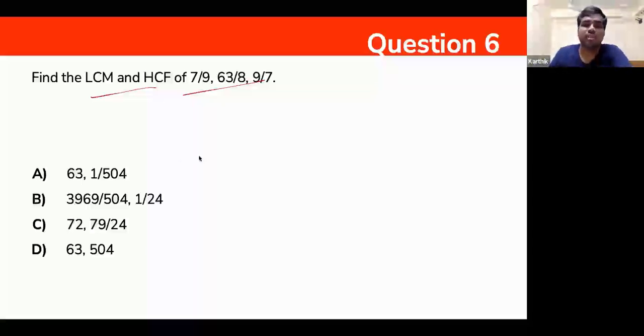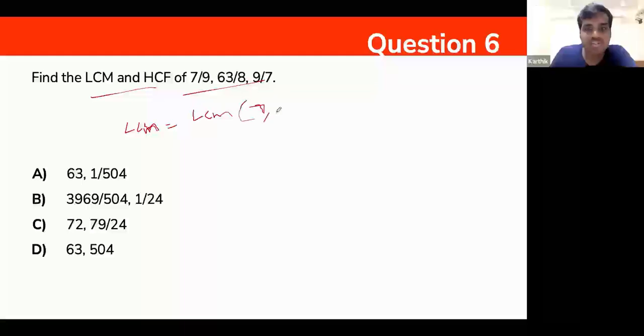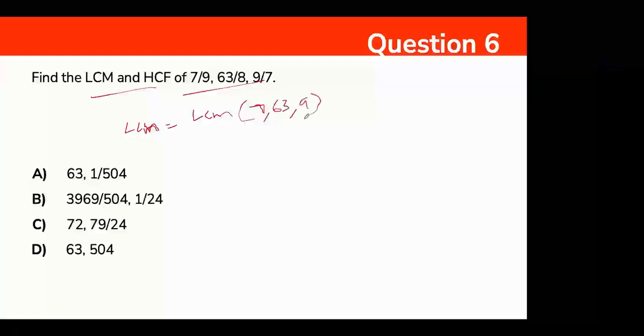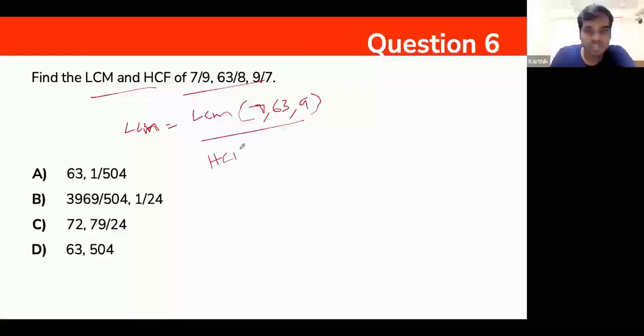Okay. Let's try to solve this. What is the formula for LCM of a fraction? You will take LCM of numerator by HCF of denominator. What is numerator? 7, 63 and 9. And HCF of denominator.